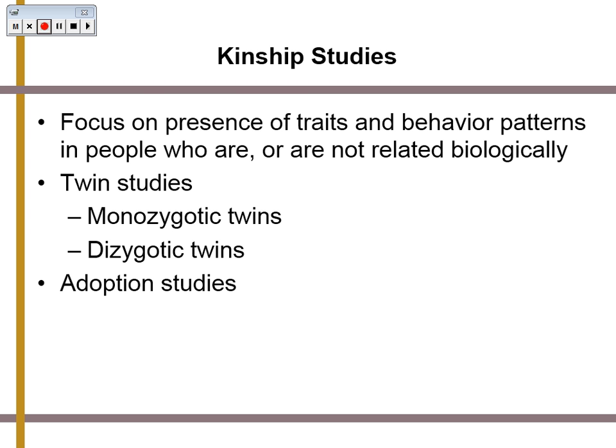Monozygotic and dizygotic. When a sperm hits an ovum, which is sometimes called an egg, they create what is called a zygote. Sperm and egg meet, create zygote. If the zygote splits, one sperm, one egg, split, you have what is called monozygotic twins.